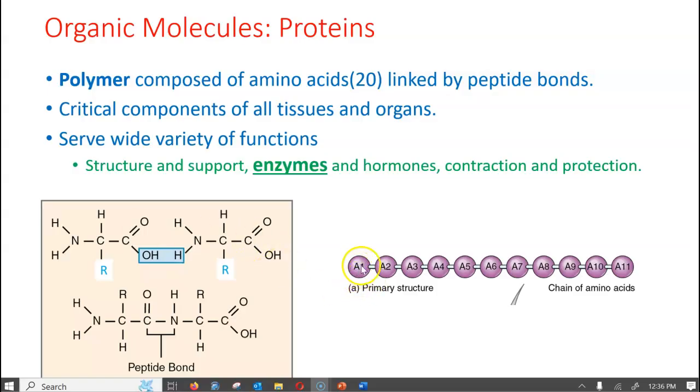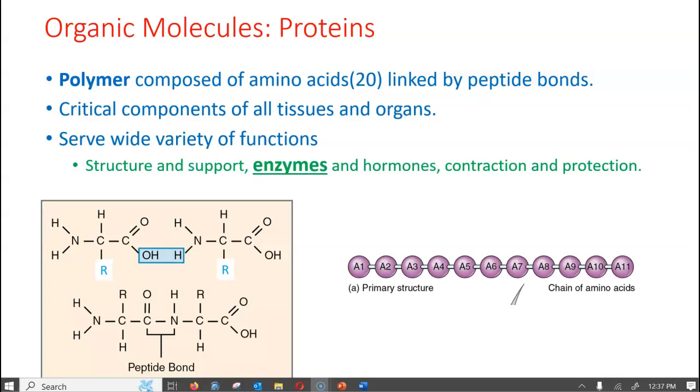They all get linked together like this. And if you look here where the R's are, the R is whatever is bonded to that carbon right there that would make amino acid 1 different from amino acid 2. So that's what makes each amino acid different, is what we call the R group.